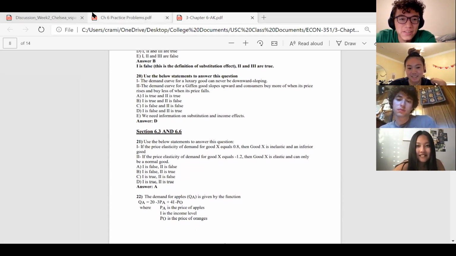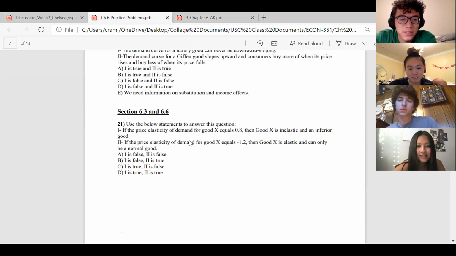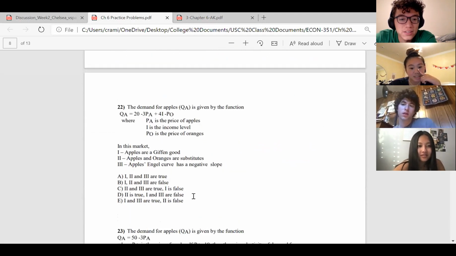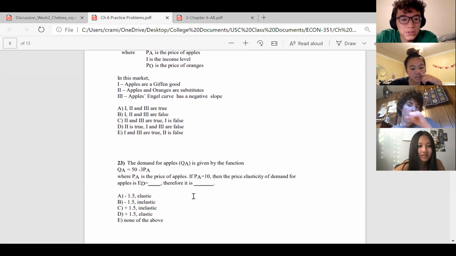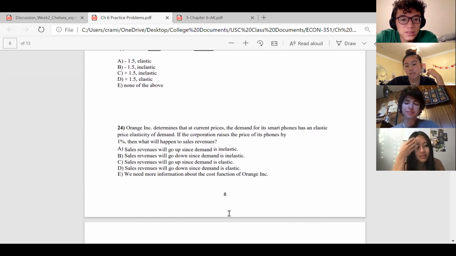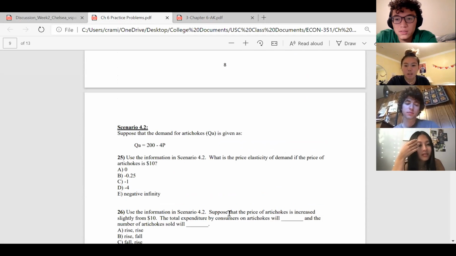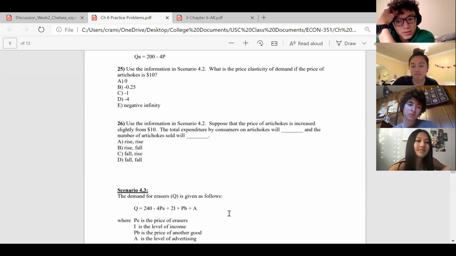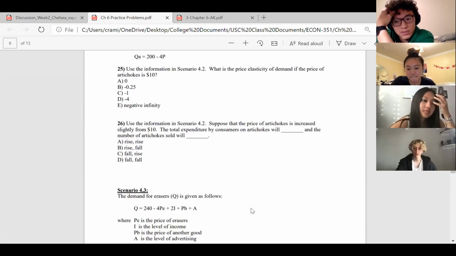Let's switch over to here. Let's see if we can find some problems that have this price elasticity. I'm just looking through these to see if there's one for log. Well, she went through that in like 2 minutes. It's just 4.5 that has logs.